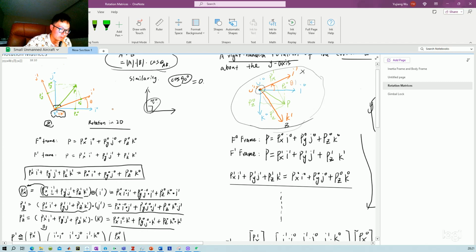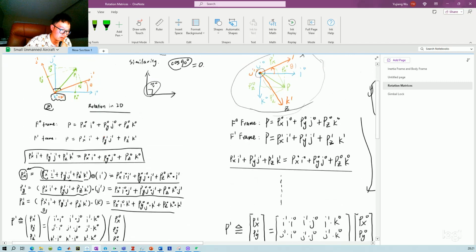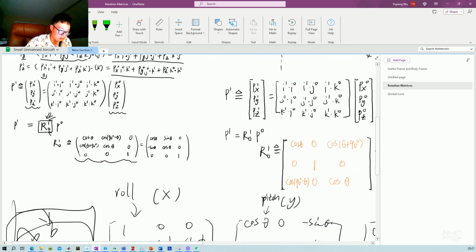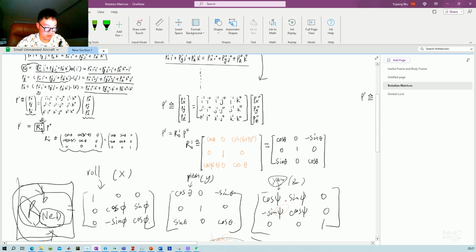So you can essentially unplug the theta and put the psi here.